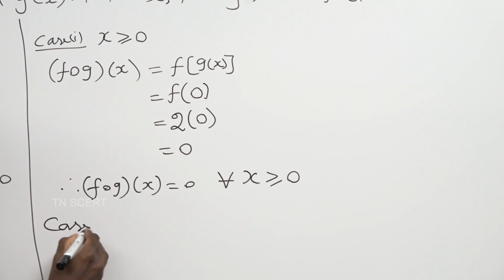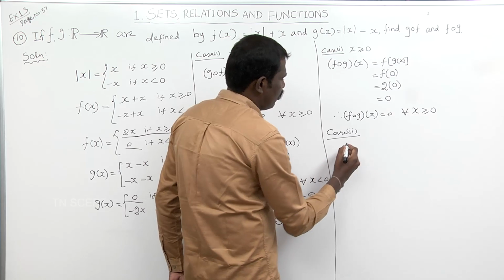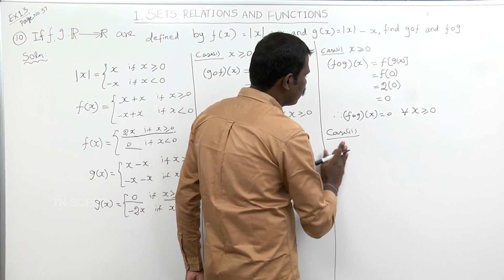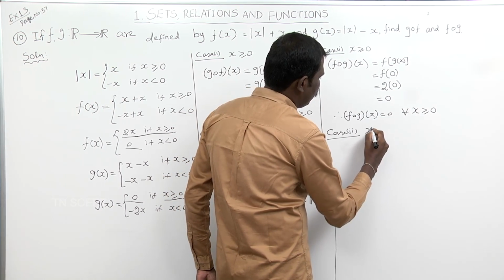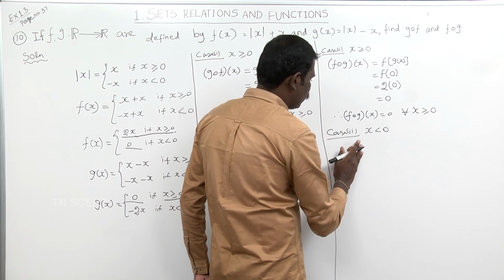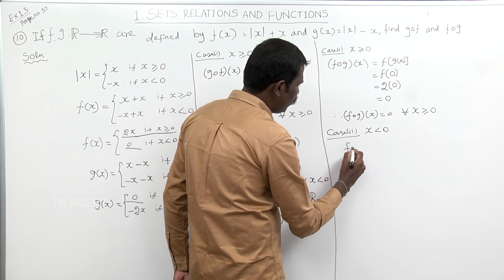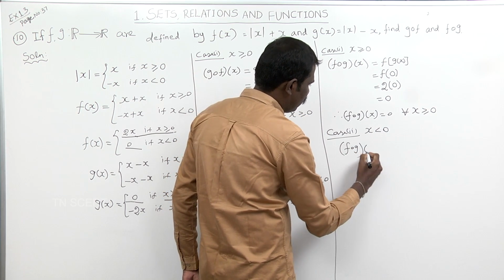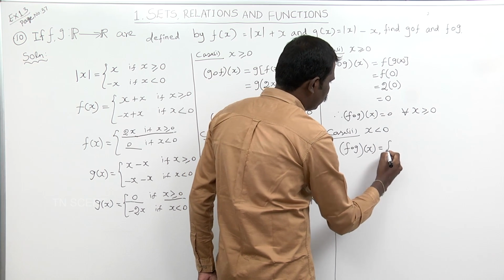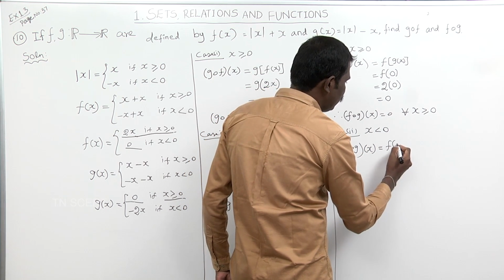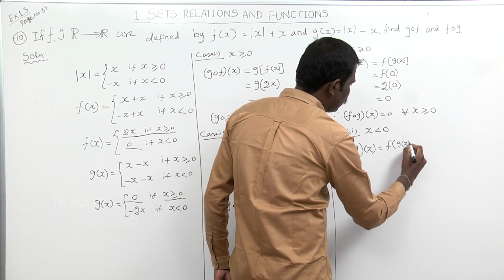Now, case 2: when x is less than 0. Now, f composite g of x is equal to, by the definition of composition, f of g of x.